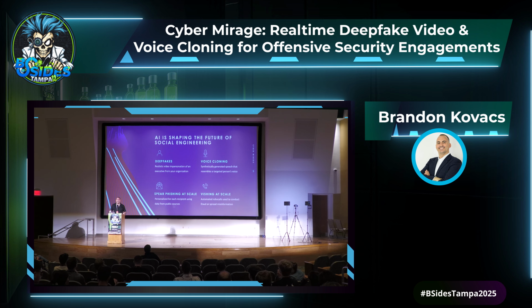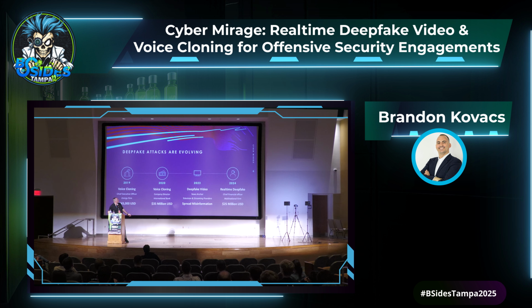And also, as we saw last year during political campaigns, voice cloning and phishing has been used at scale to do things such as political candidate impersonations and used in conjunction with robo-dialers to spread disinformation. So although it can be used for good, it can have some very serious security implications and ethical considerations that we'll talk about today. So let's talk about the evolution of deepfake attacks.